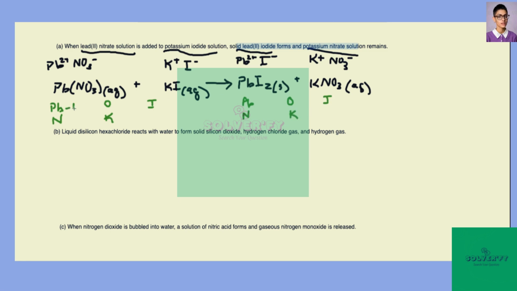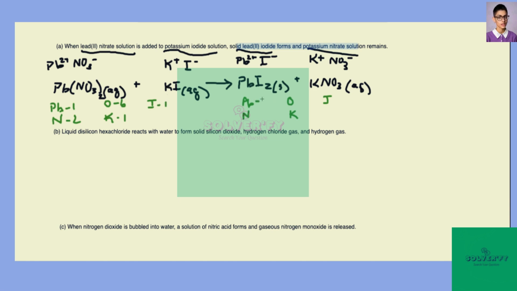There's one lead, there are 2 nitrogens because the 2 outside the parentheses multiplies through. So there are 2 nitrogens. There are 2 times 3, or 6 oxygens, 1 potassium, and 1 iodide.